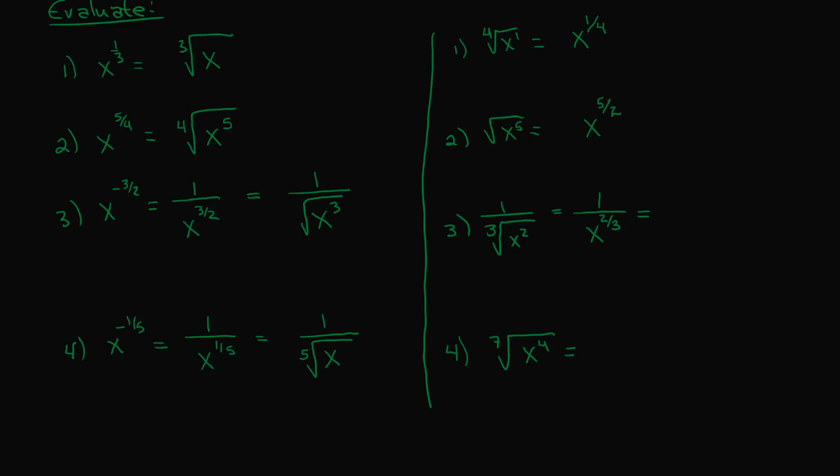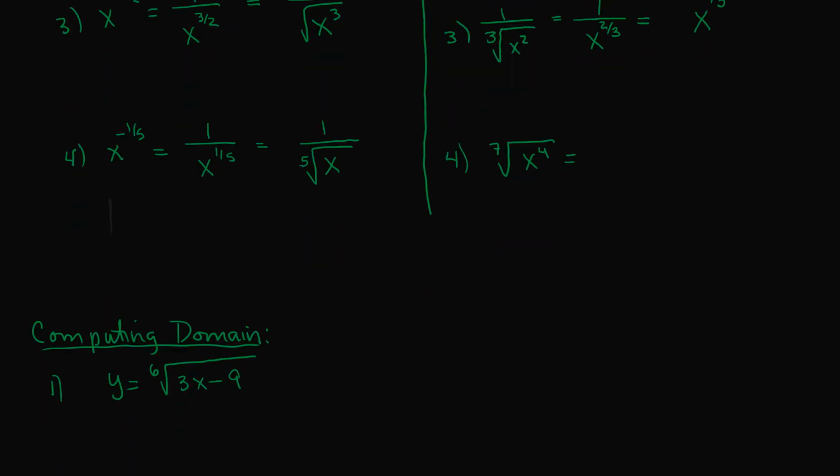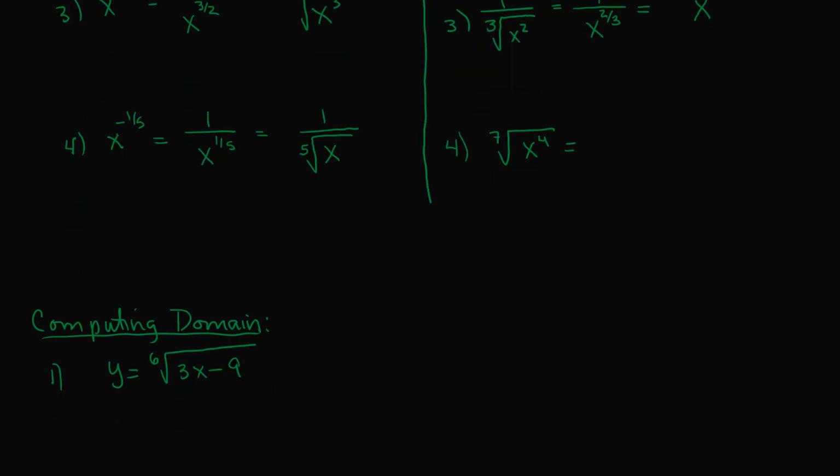Then, to get this back up on the top line, I'm going to indicate that it really came from a reciprocal and introduce the negative sign. So it's going to be x to the negative 2/3. The last of these 4 examples, I'm going to rewrite this. We have x to the 4th power, and we have a root, roots go in the denominator, of 7, and that has that.